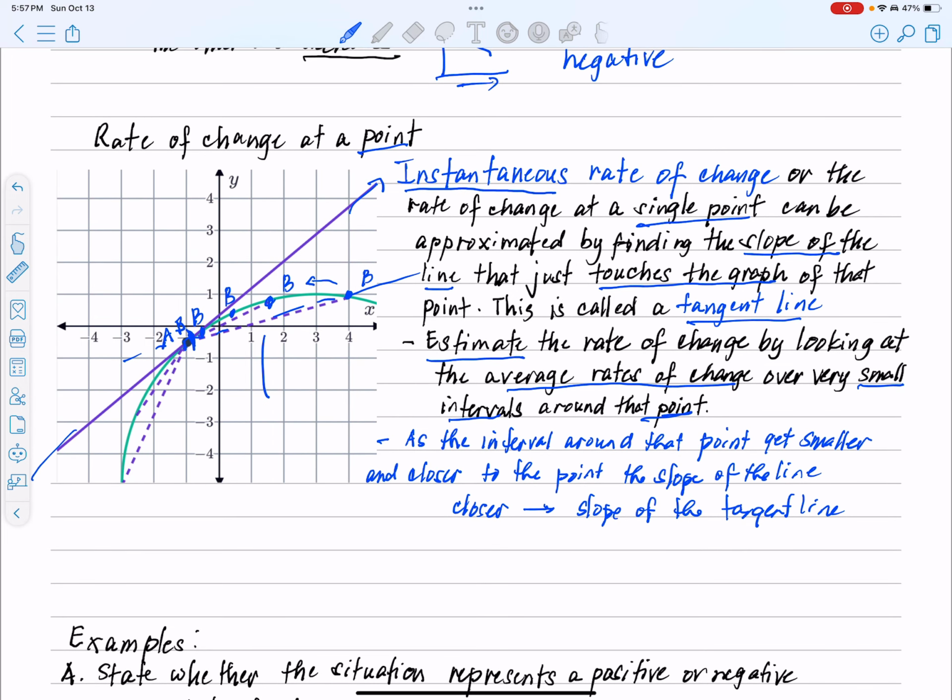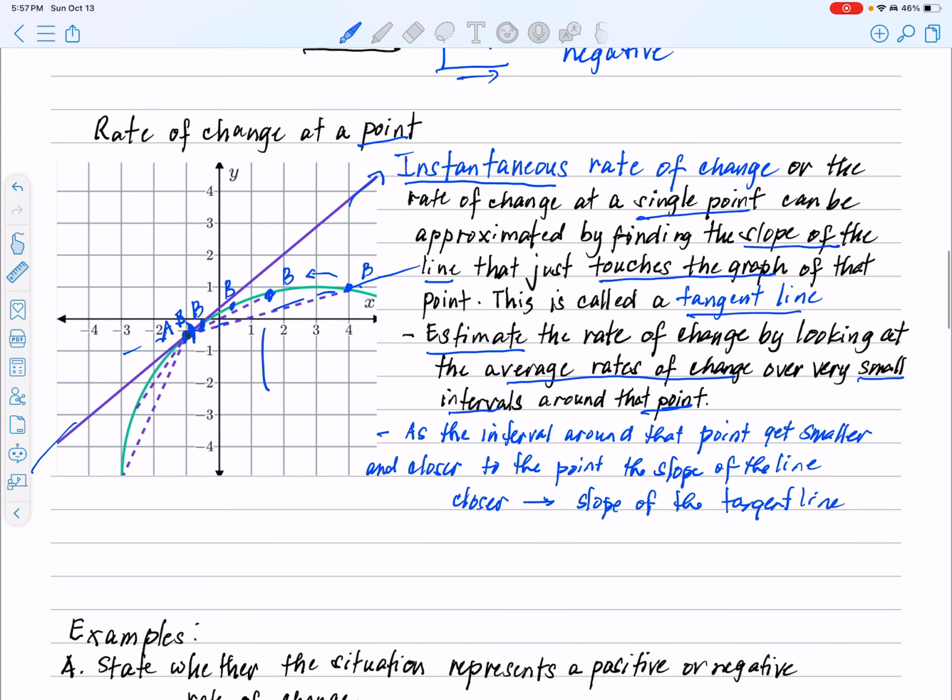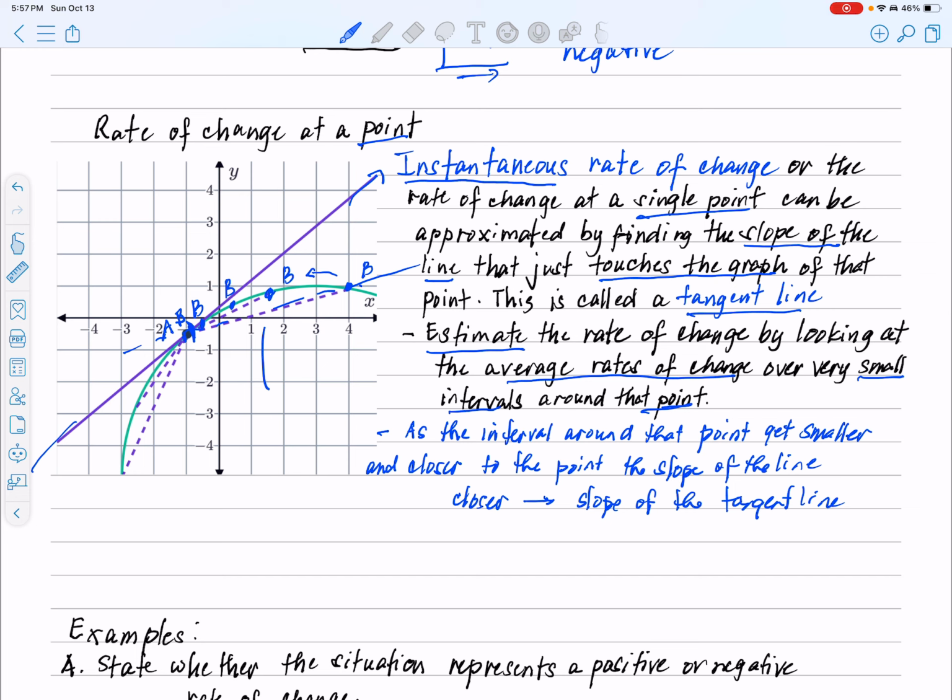We are trying to get the instantaneous rate of change in that problem. So as we keep on moving the point closer to that given point, we could use the tangent line, or get the slope of the tangent line as it touches the graph.